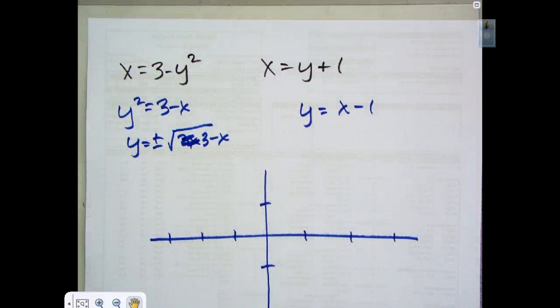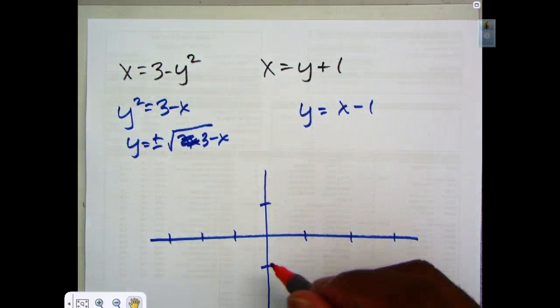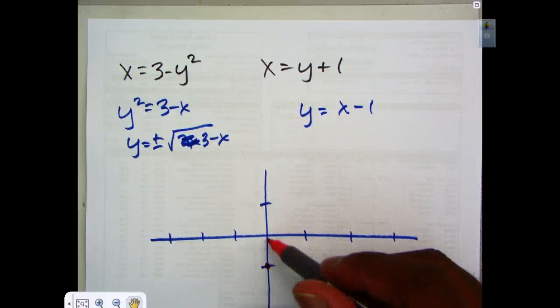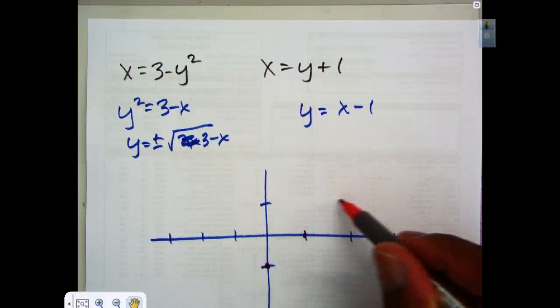So the y equals x minus 1. Well, we do know that our y-intercept is at -1, and our slope is 1, so we go up 1 over 1, up 1 over 1.